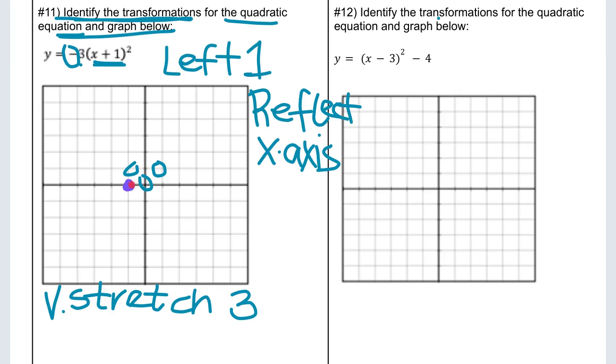Now take this point, left 1, stretch it 3: 1 times 3 because we're multiplying the y value by 3. And then reflect over x would be at negative 3. Notice the axis of symmetry is now at x equals negative 1, hence being able to reflect equally distant, so you get a point on the other side of the axis of symmetry.